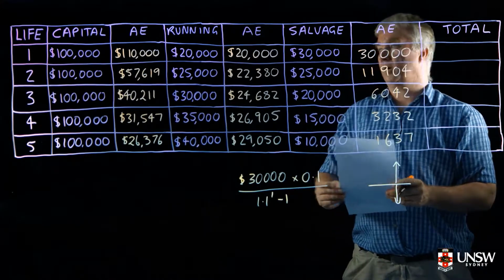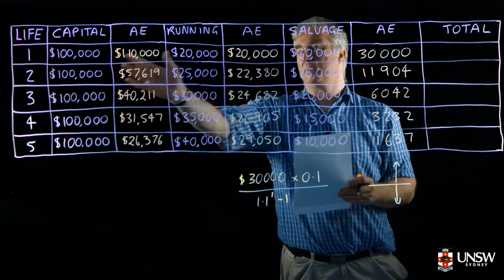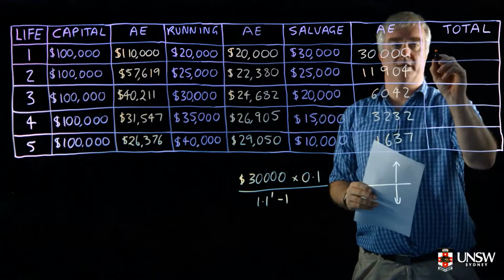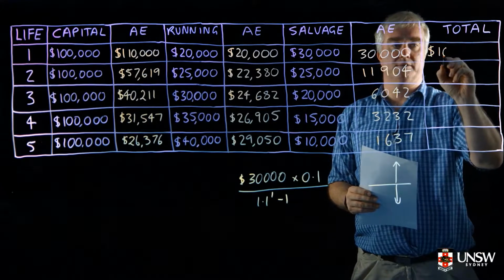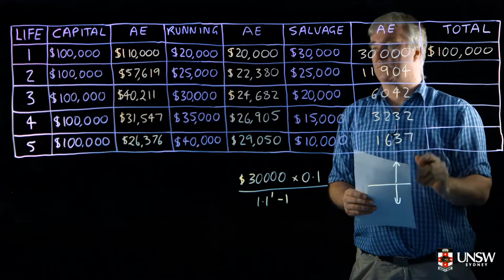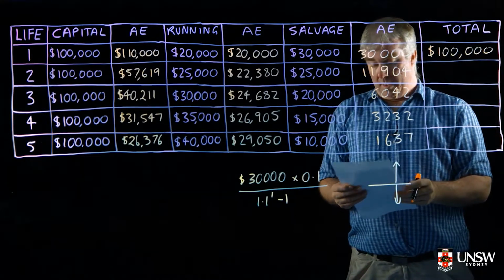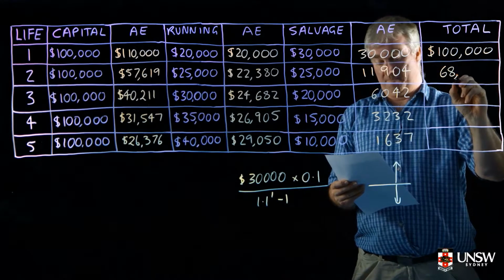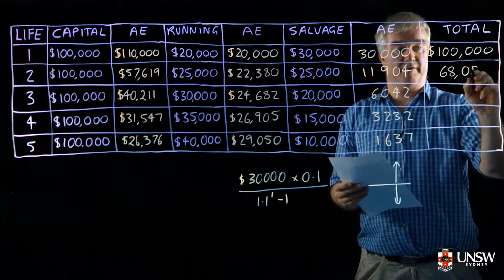So now we add up these orange values to give us our total annual equivalent. So for the first one, 110 plus 20 gives us 130, minus 30 gives us 100,000. For 2 years, we get $68,095.